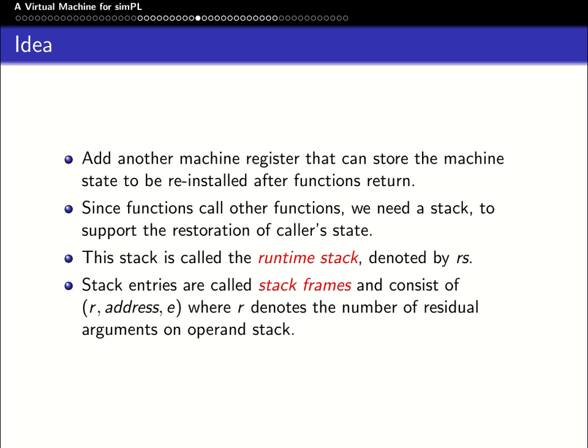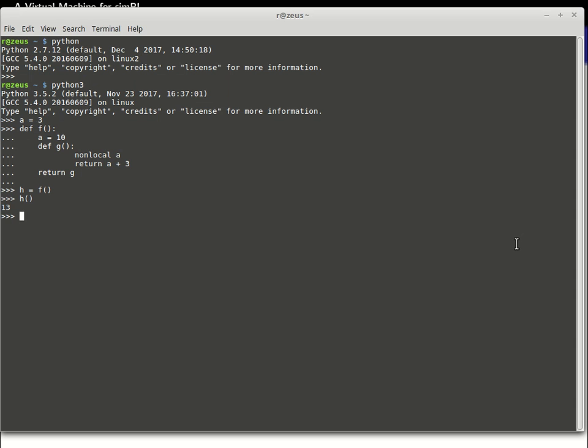When we come back, what do we want to see, right? So if I go back into the code, if I say A, I will see the value 3, right? So somehow, at the point of invoking H, the environment would see that A is 10.